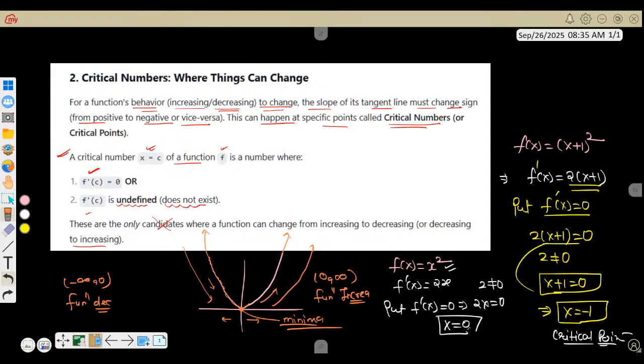Now let me discuss one example. We have to start from 23, right? What is question number 23? f(x) is equal to (x minus 1) whole squared into (x plus 3), right?